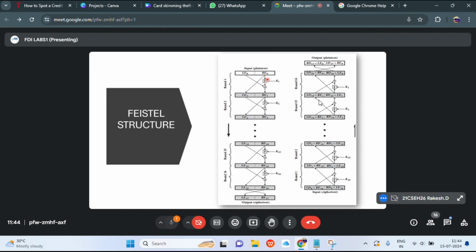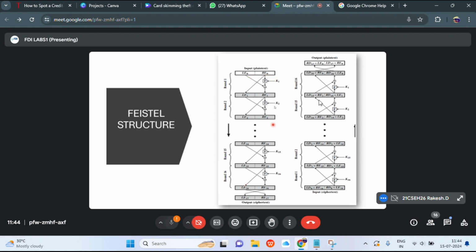This function, I said, is the round function. It should have more confusion and diffusion, like the substitution and permutation processes it will undergo. What I mean to say is, any encryption algorithm which has more confusion and diffusion properties is considered a stronger encryption or decryption process.